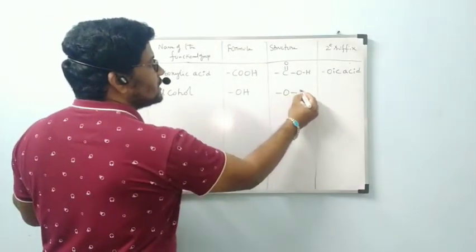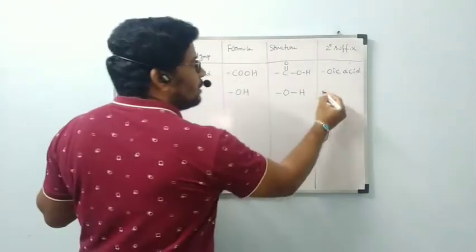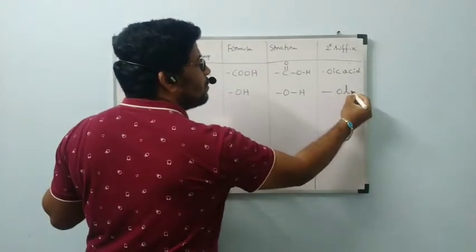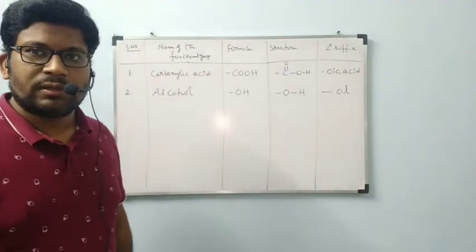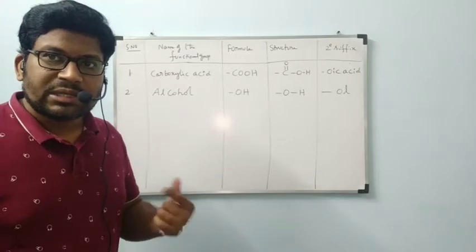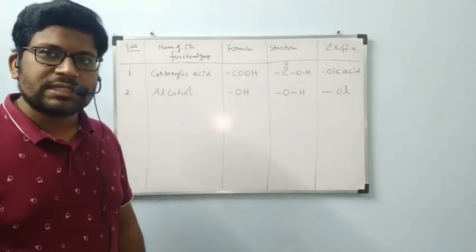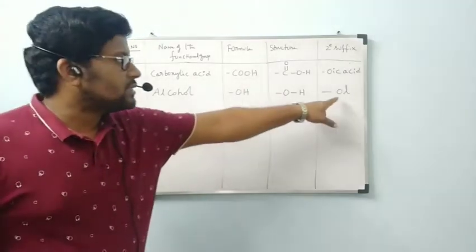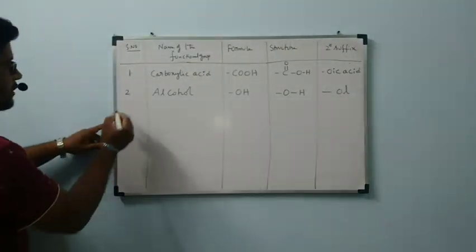Structure, O single bond H. Secondary suffix you will get is ol. Pronunciation is ol. Pentanol, ethanol, like that you will get names. If you have an OH group, that is called alcohol.